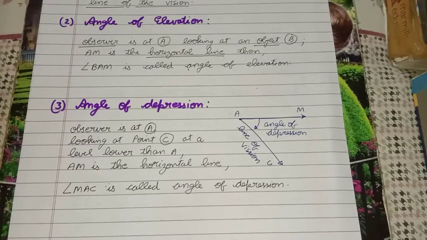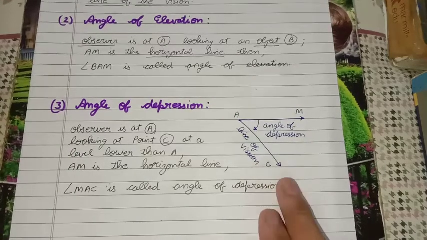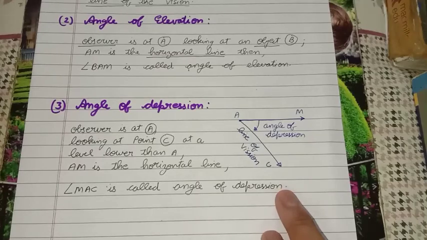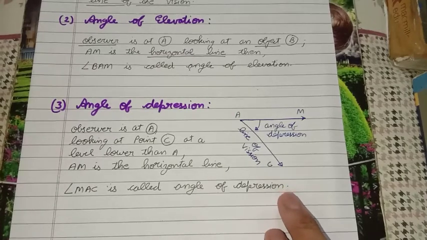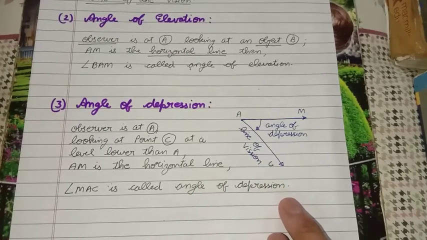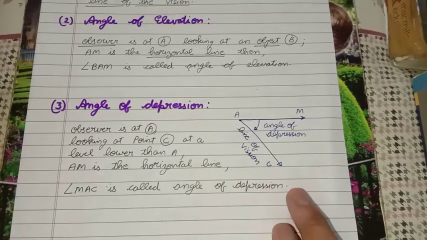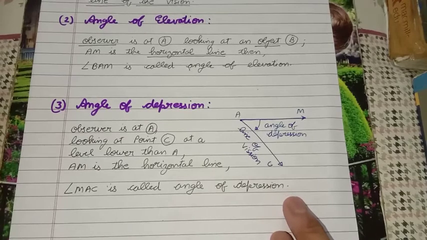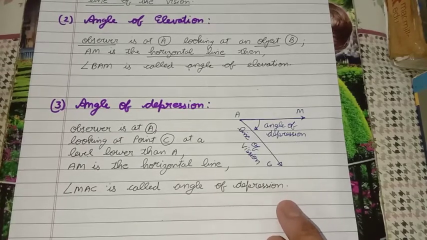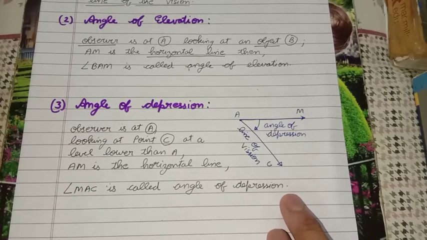Angle of depression is like, many a time it will happen that you will be looking downward. I will give you an example for this angle of depression. Say you are standing near a pond or some water, and you are observing the water. You will see your reflection in the water, and you will be looking downward.